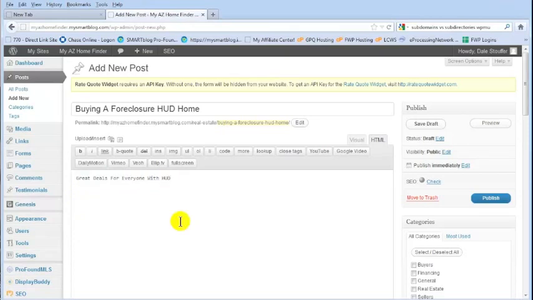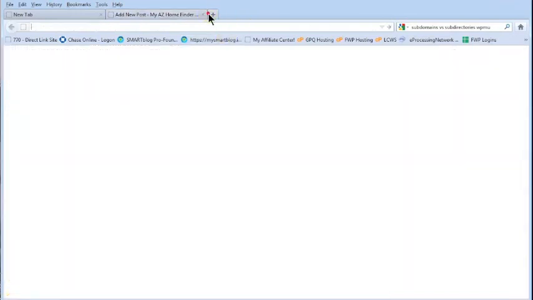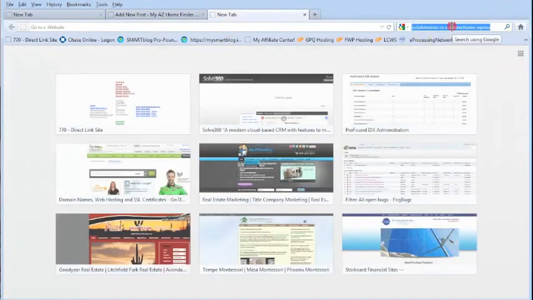Great deals for everyone with HUD. Well, what does that mean? How is that relevant to your site? So you want to train yourself to look up keywords for your titles to give yourself a chance to get found for specific types of traffic and specific types of customers coming to your site. So you want to go into Google, and I'm going to do this so that you can go find it yourself.